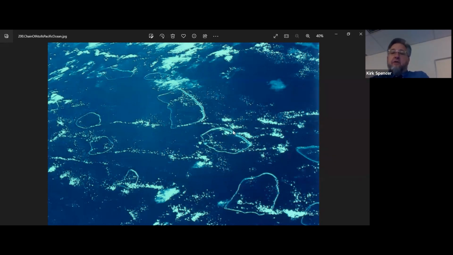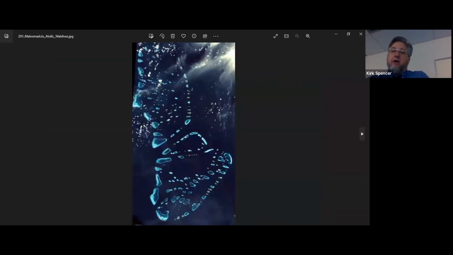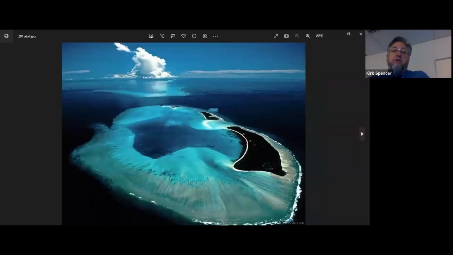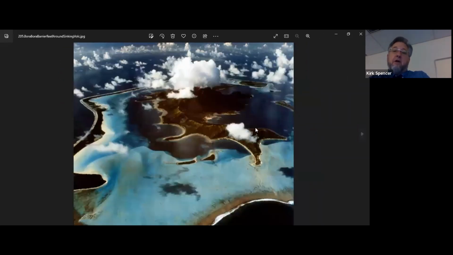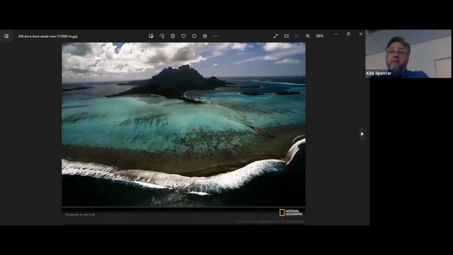And it creates a series of circular reefs called atolls, A-T-O-L-L-S, atoll. And it's the remnants of these old volcanic chains. It only occurs in the tropics where you can have reef formation. But in a few cases, you can still see the old volcano in the middle of the reef system.